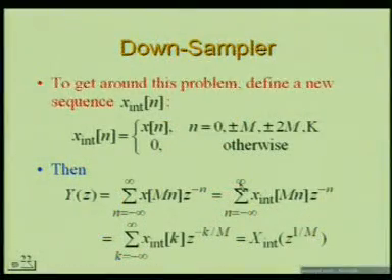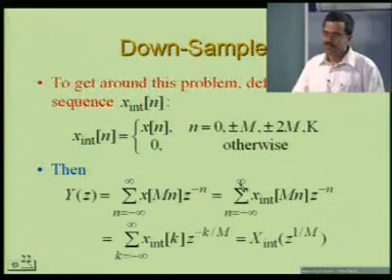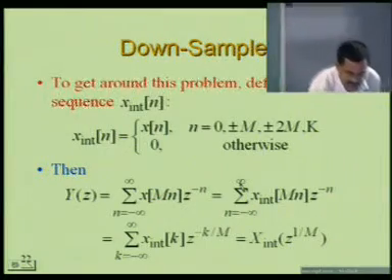be written like this: sum of x[Mn] z to the power minus n, where n varies from minus infinity to plus infinity, is equal to sum of x_int[Mn] z to the power minus n, that is equal to, say k instead of Mn. Now, I can use the integer k is equal to minus infinity to plus infinity x_int[k] z to the power minus k by M. Earlier it was z to the power minus n.